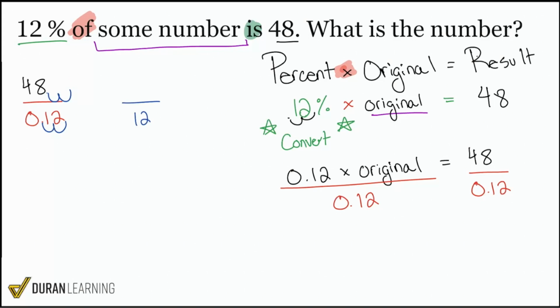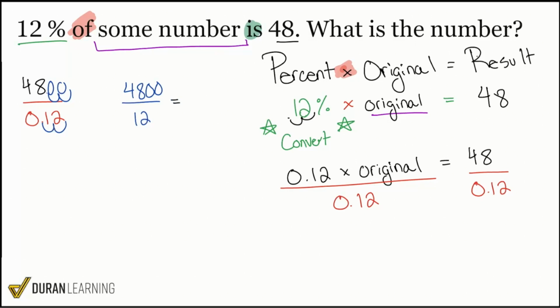We fill those gaps in with zeros, and that's going to be 4,800 divided by 12. That's the new division. 48 divided by 0.12, mathematically speaking, is the same exact calculation as 4,800 divided by 12. So with that said, let's calculate this here.